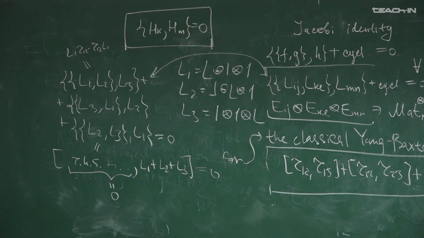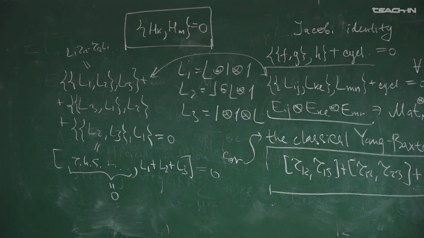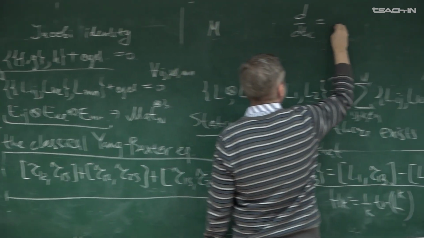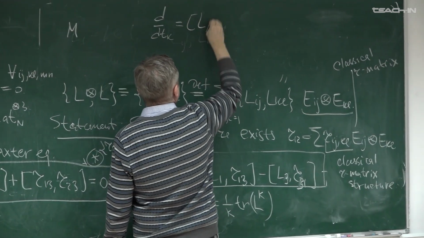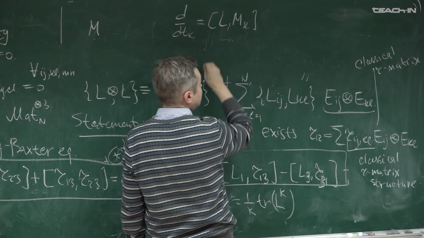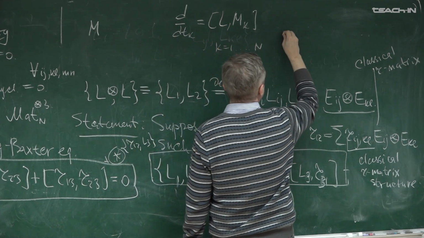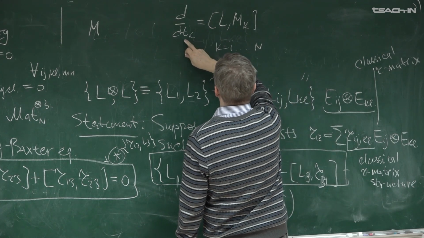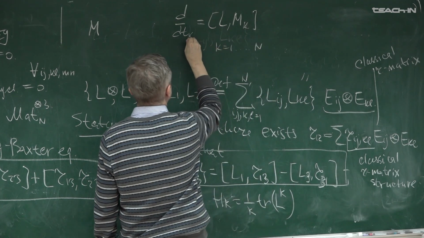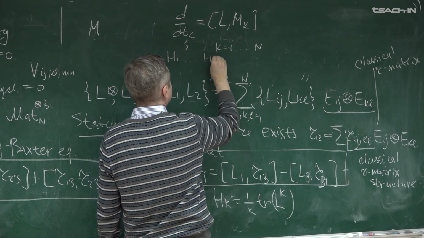Let me also say that if you have the R matrix, then you may define these M matrices. We had the Lax equation, where k enumerates the time variables which correspond to different choices of Hamiltonians from H1 to Hn.